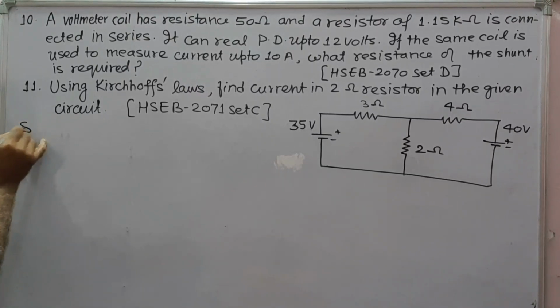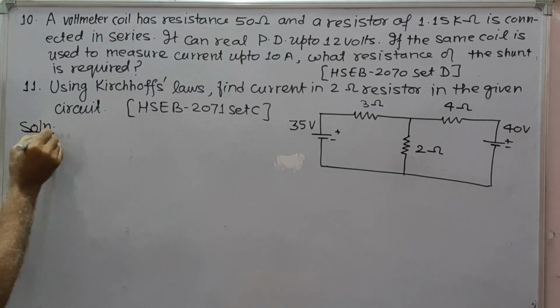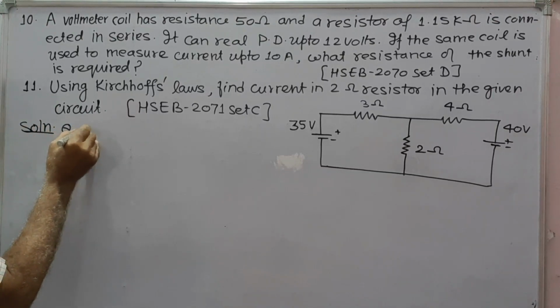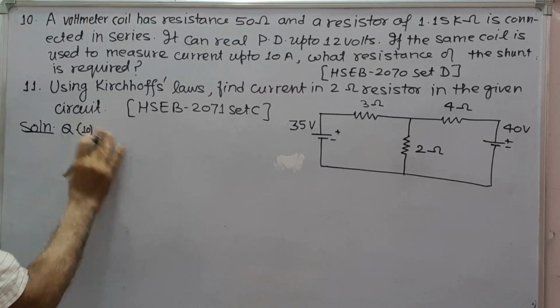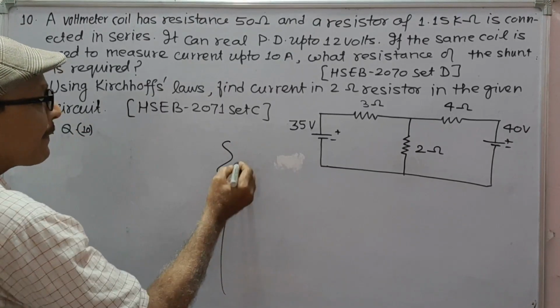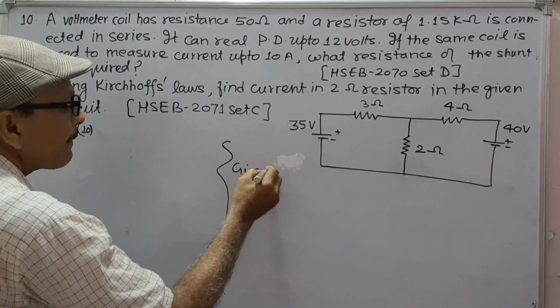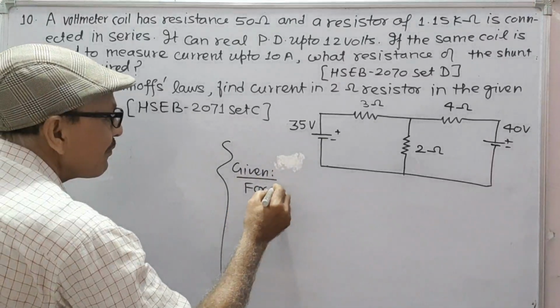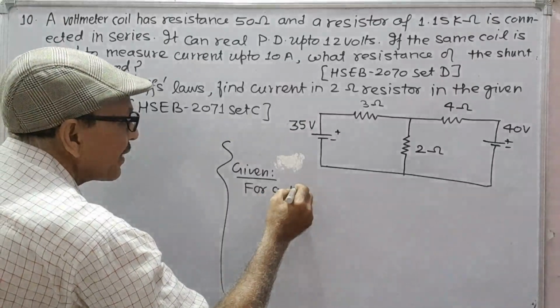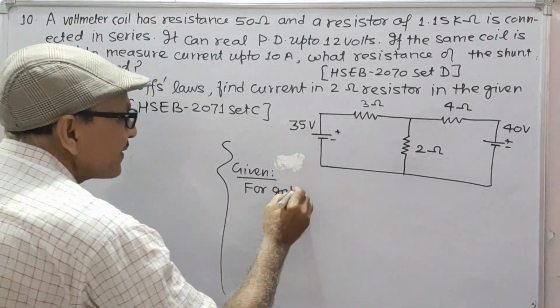So, solution to question 10. Given for galvanometer converted into voltmeter.